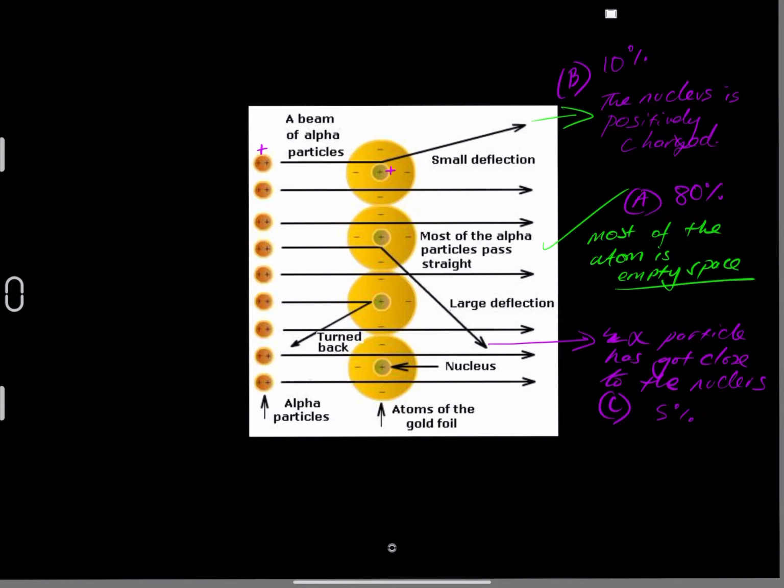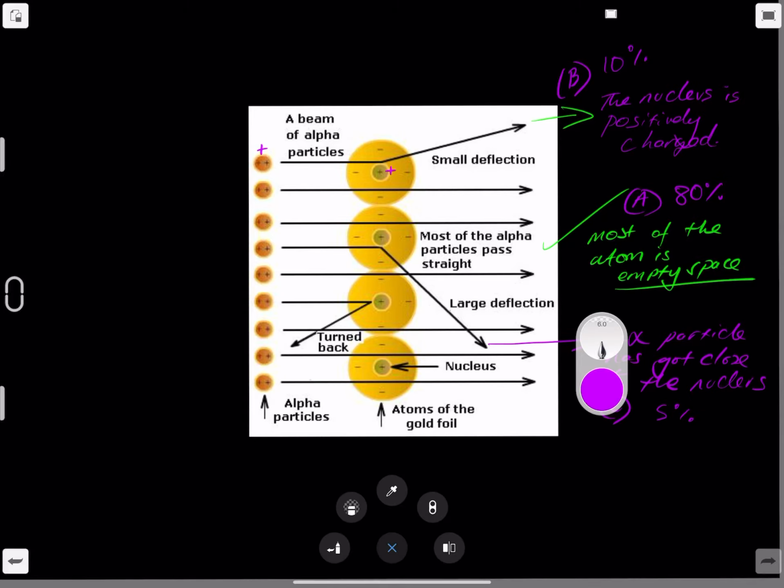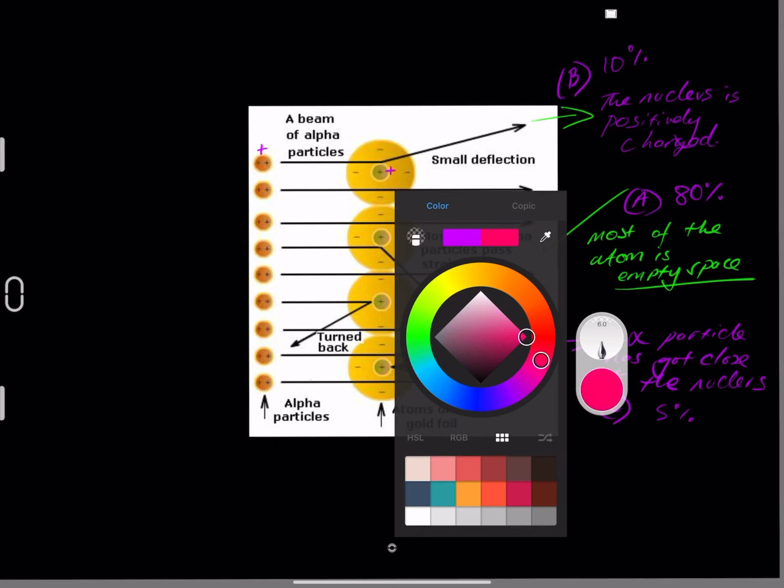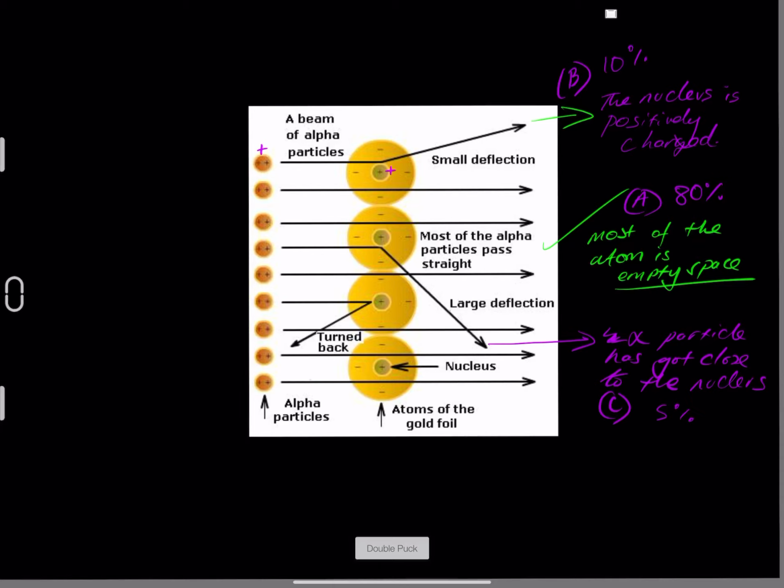And then we take our last one, let's take this as our D. Turned back, this is where the alpha particle has hit the nucleus.